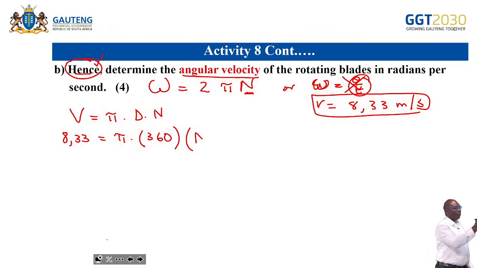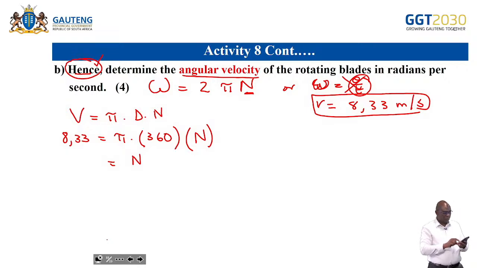I don't have the number of revolutions, but I have all this. So pi I do have. I'm going to say my n there, so if I take out my calculator, I'm going to have 8.33 divided by pi multiplied by 360.